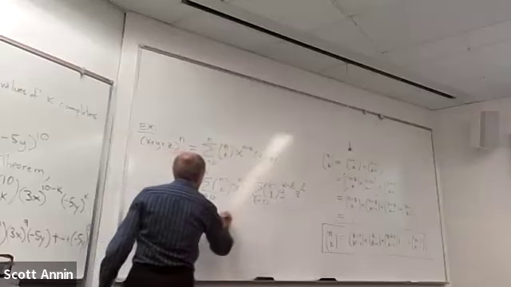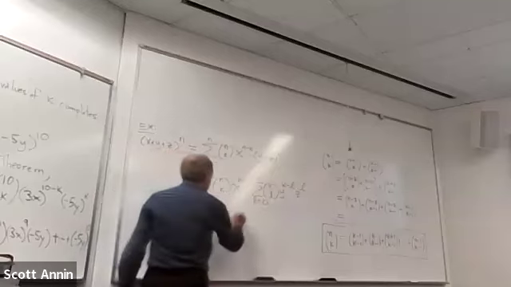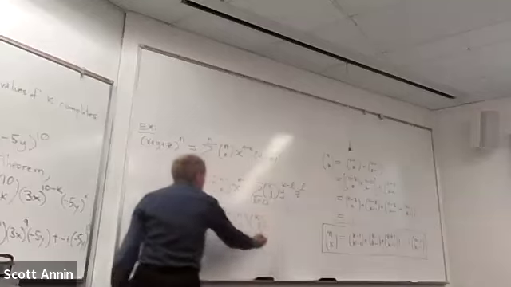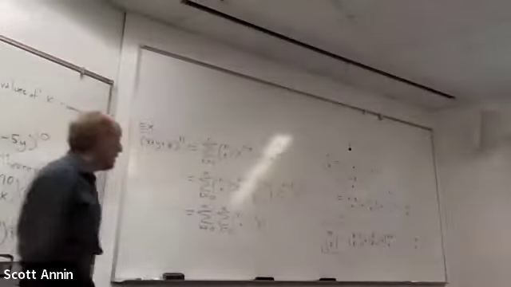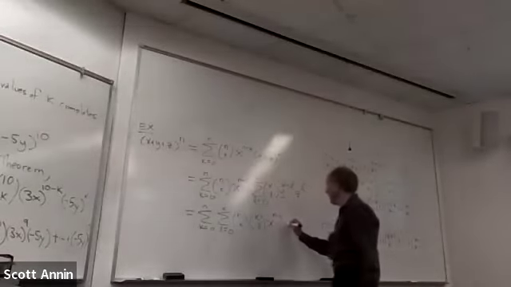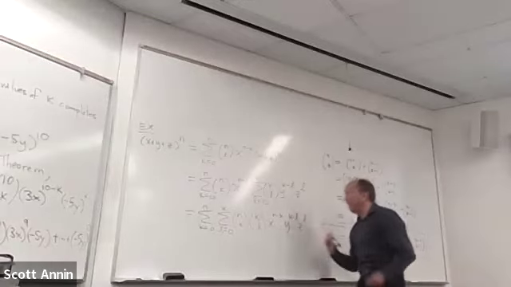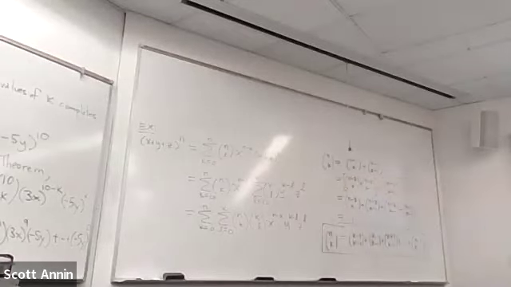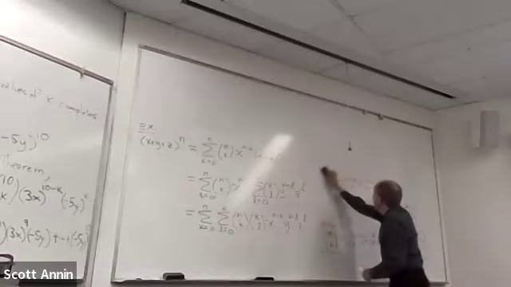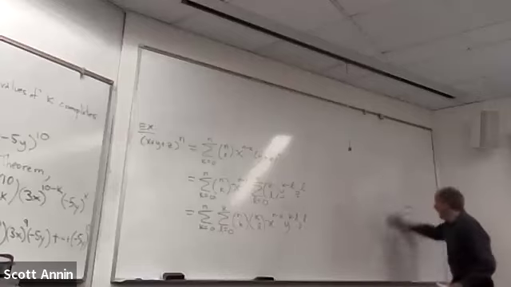So k goes from 0 to n, and then L goes from 0 to k, of n choose k times k choose L. Could write all that down, and then I would have just the powers of x, y, and z: x to the n minus k, y to the k minus L, and z to the L. So you have to be a little bit proficient with summation notation if you want to write a pretty clean answer down. But you can actually do that.